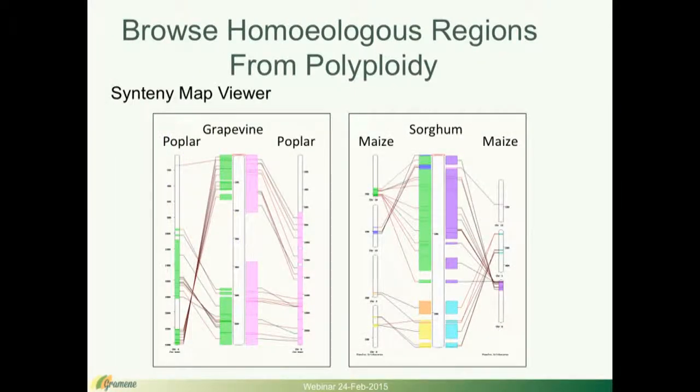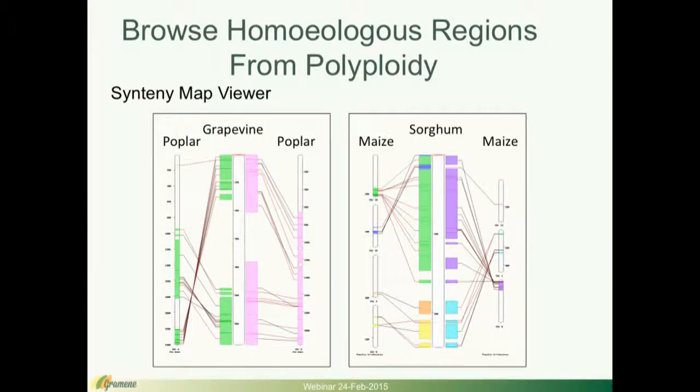Another way of browsing genomes is to use our Synteny map viewer. And so we construct Synteny maps between relevant genomes. And one nice application is to view homologous regions that arose during ancient polyploidy events.